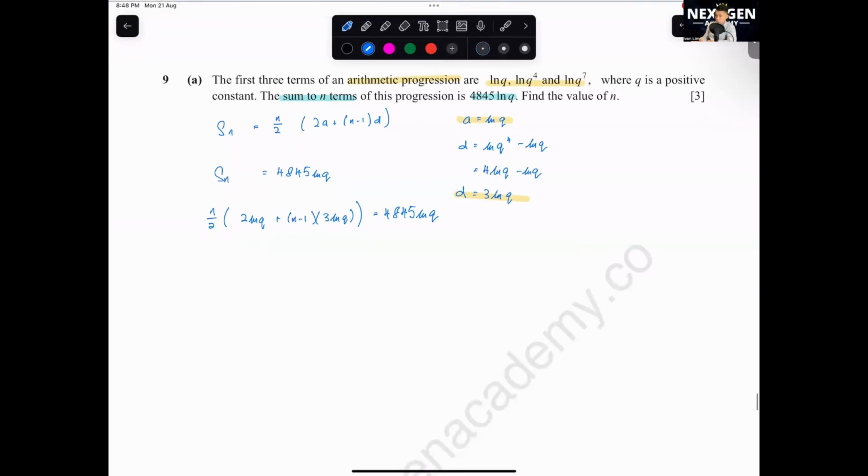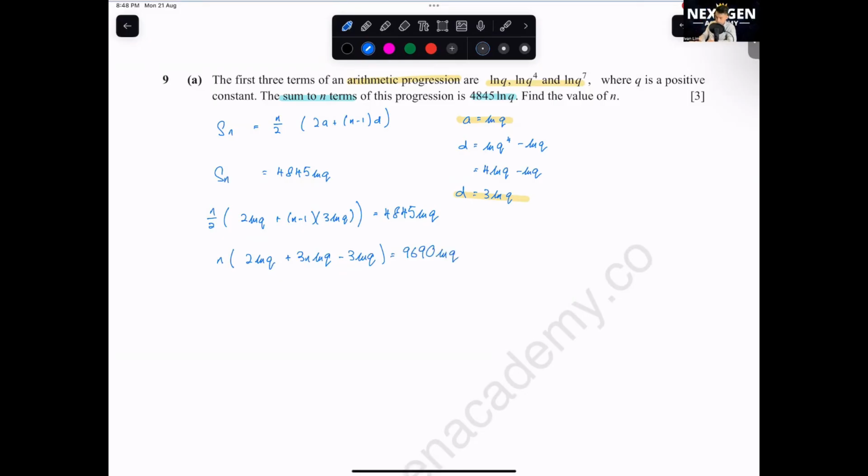We simplify it. I'm going to multiply 2 to the other side. Here you get 2 ln q plus 3n ln q minus 3 ln q. This one multiplied by 2 is 9690 ln q.